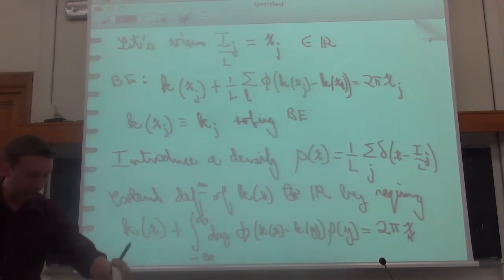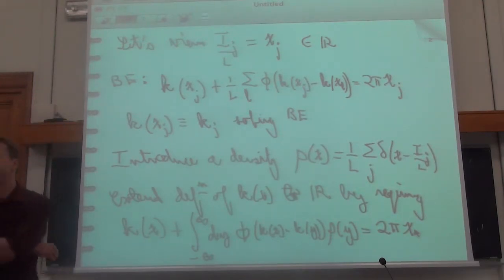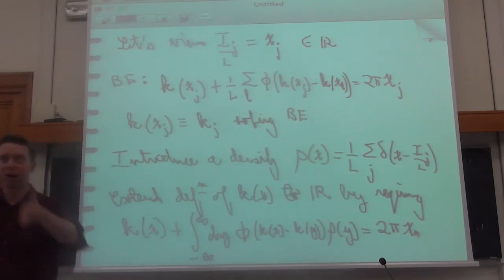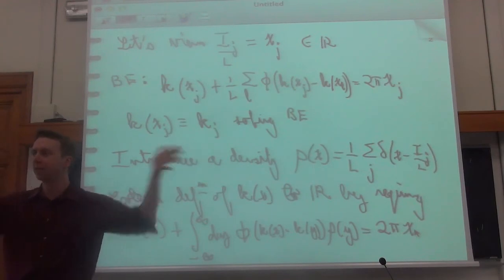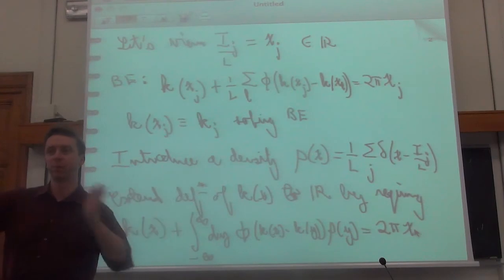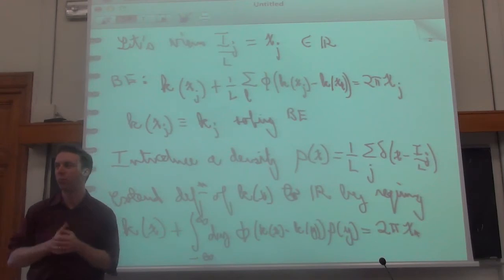Now, you can view this in different ways. You see, the x here now takes all values on the real line. Now, if you are interested in a system with an even number of particles, then you know that your quantum numbers have to sit on a particular lattice of the half-odd integers. Now, in your eigenstate, you choose occupied quantum numbers, but equivalently, you choose unoccupied quantum numbers. So there are loads of acceptable quantum numbers that are left unoccupied.